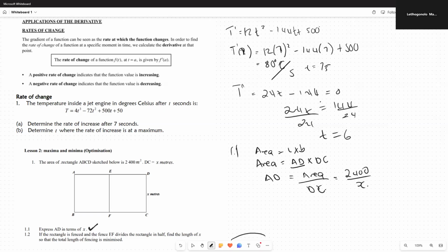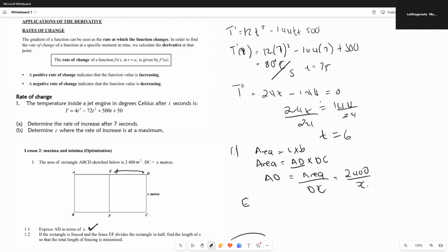1.2 says that if the rectangle is fenced and the fence EF divides the rectangle in half, find the length x so that the total length of the fencing is minimized. So that means we're only working with ED at this moment, right?